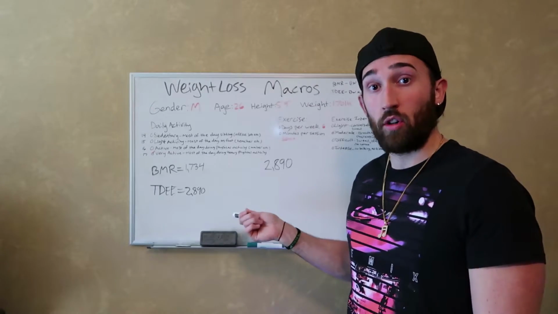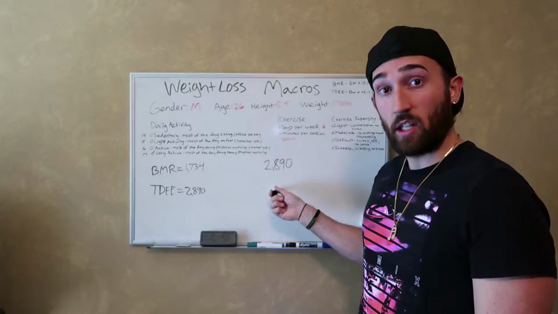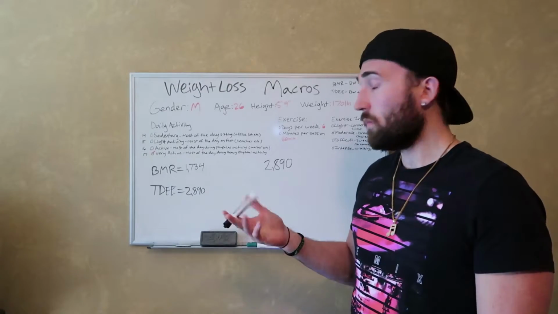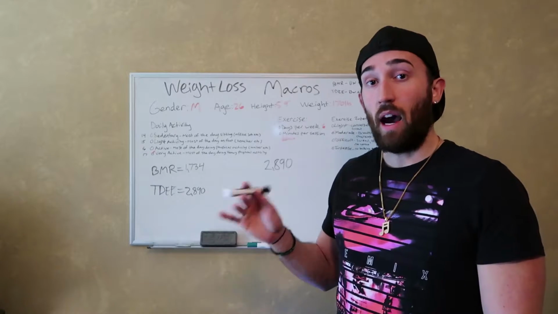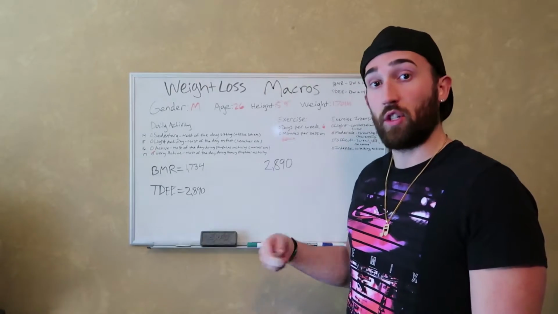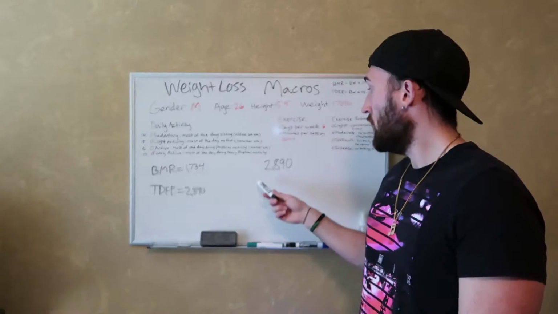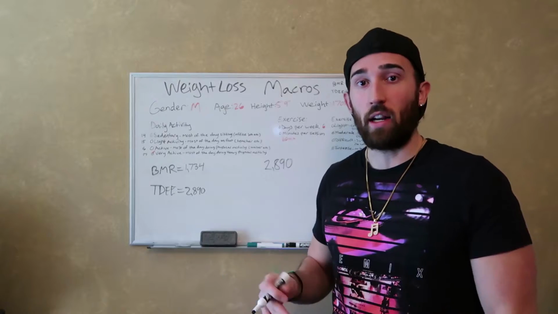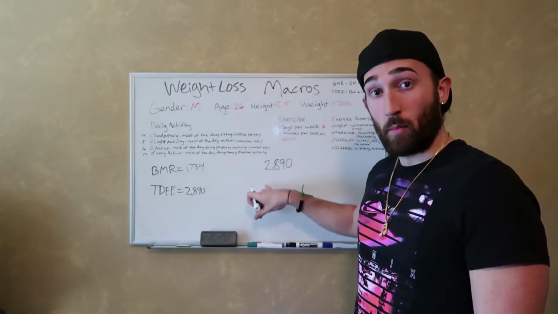I would start with 200 calories less than your maintenance. Try that for a week, see how that works. And if you're not active, then you're probably going to need to subtract more because you don't require as many calories. So a good starting point is 200 to 300 calories less than your maintenance.